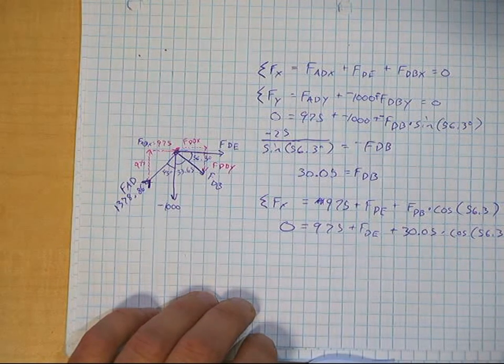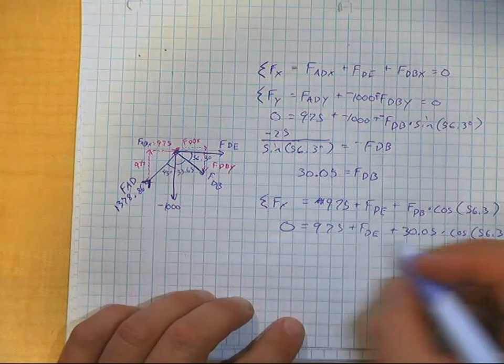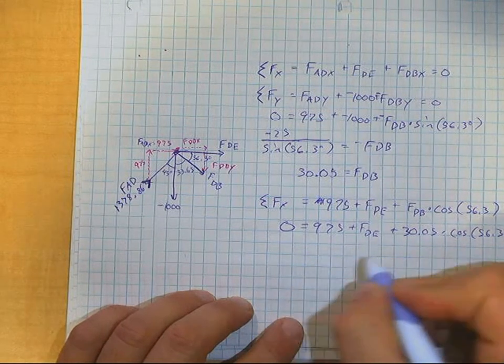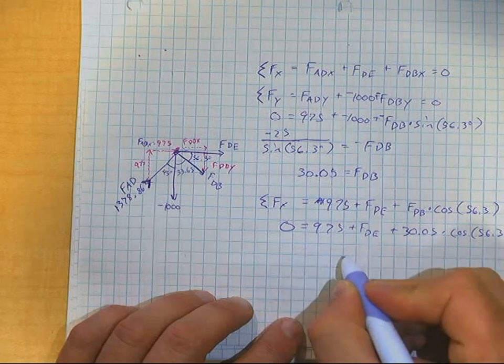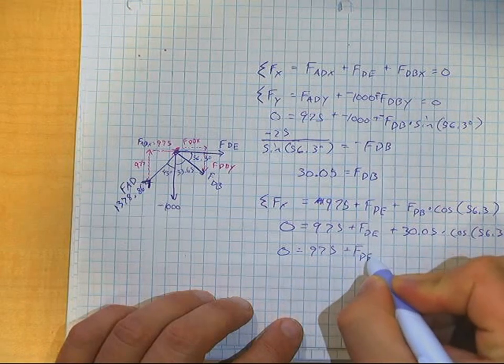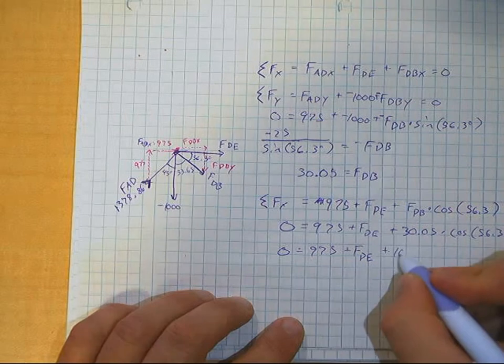Let's go ahead and do that math. We end up with 975 plus FDE plus 16.67.